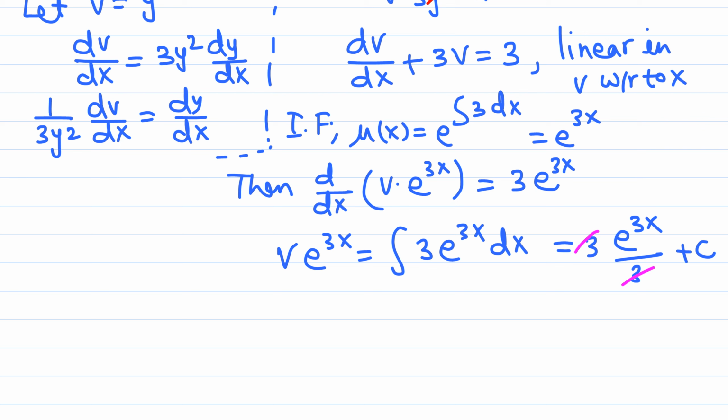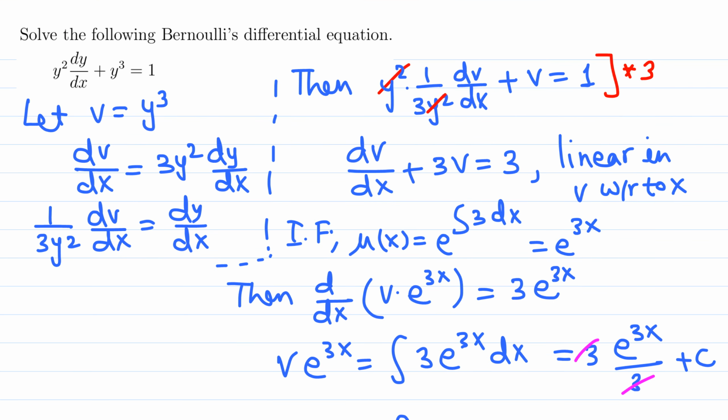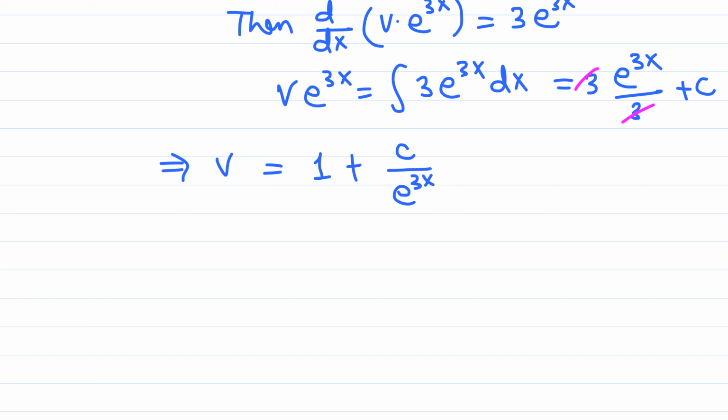Now divide both sides by e raised to 3x. So v equals 1 plus c over e raised to 3x. But v was not in the question. What is v? v was y cubed. Now we back substitute.